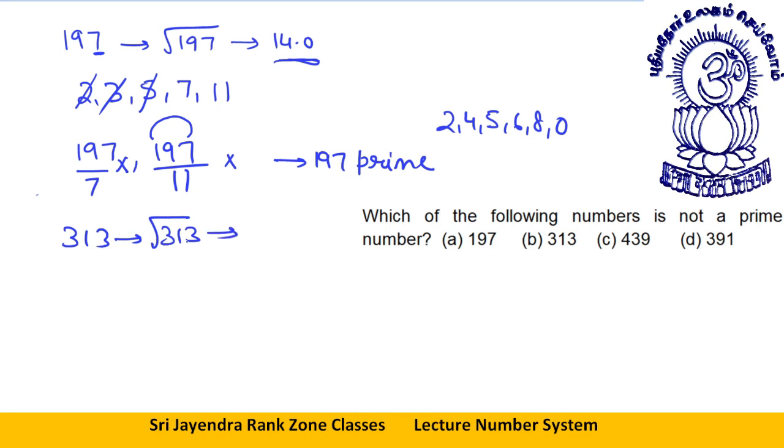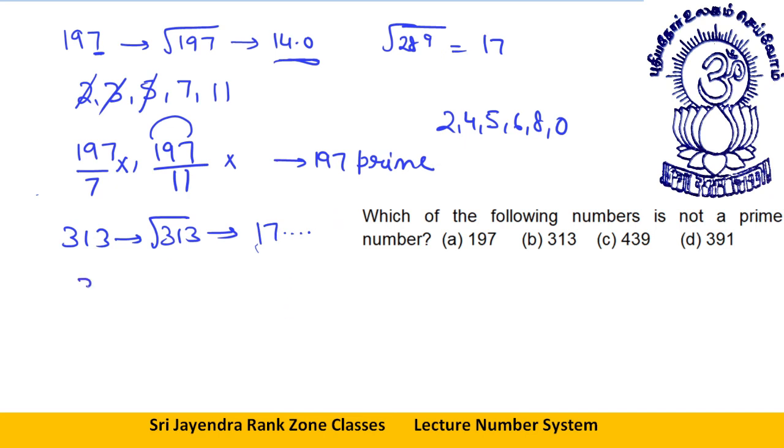313. What is the under root first of all? See, under root of 289 is 17. So this must be 17 point something.